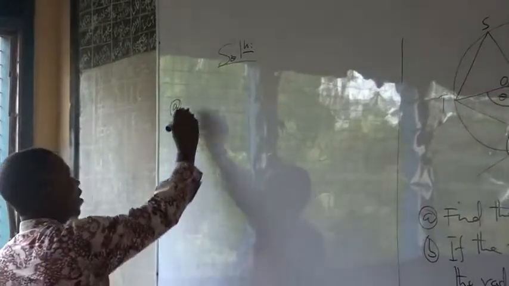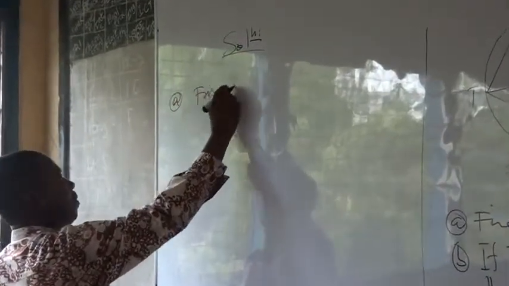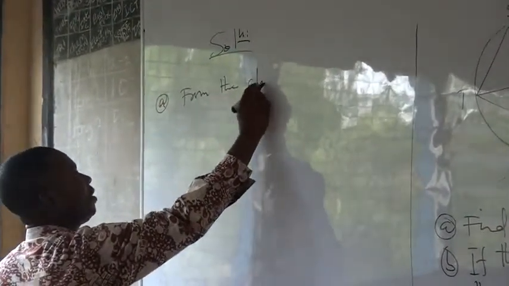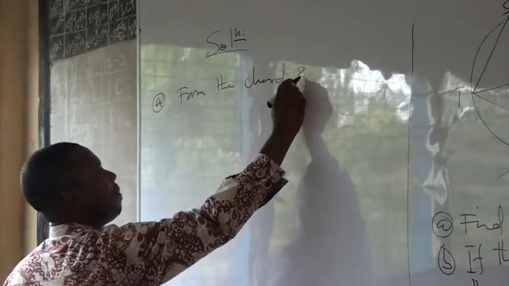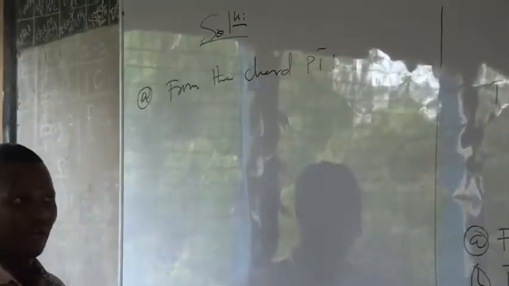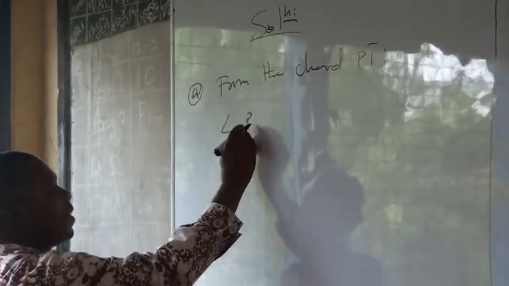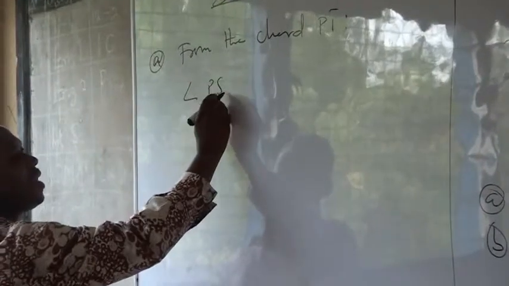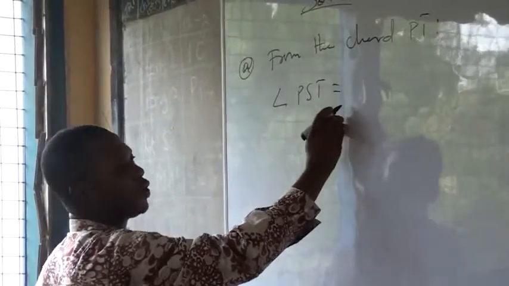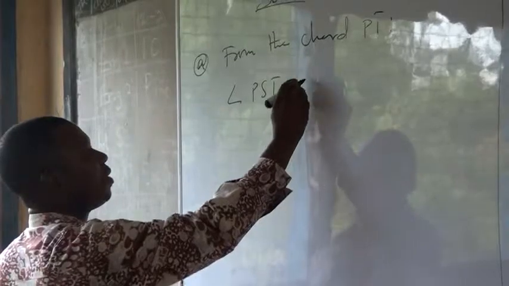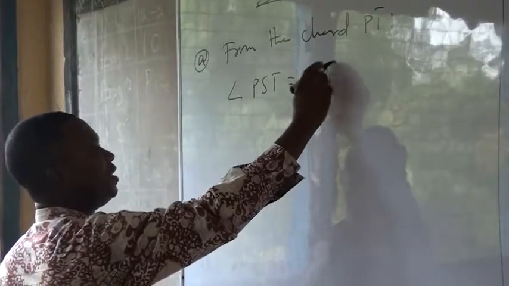We can say that from the chord PT, what do we have? Angle PST is equal to what? 48 degrees.